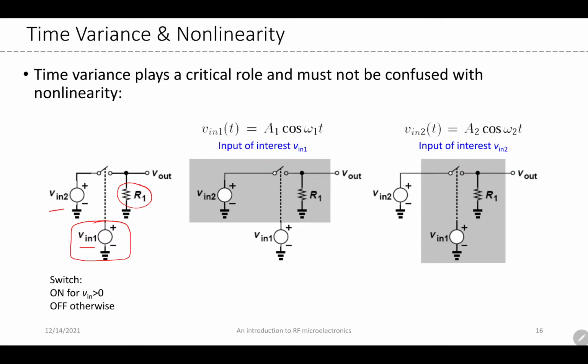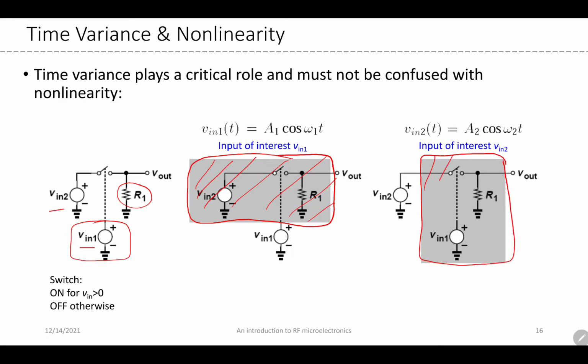Now we can look at this problem in two ways. We can assume that this entire thing is a black box. You don't know what's inside, and all you're supplying is v in 1 and you're getting v out. The other way to analyze this problem is that you assume that all of this is a black box, you don't know what's inside, and you're just supplying v in 2 and looking at v out.